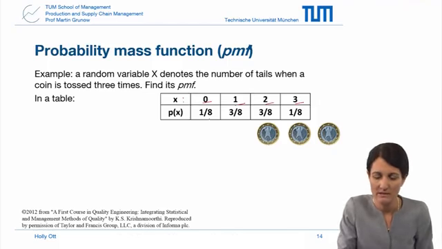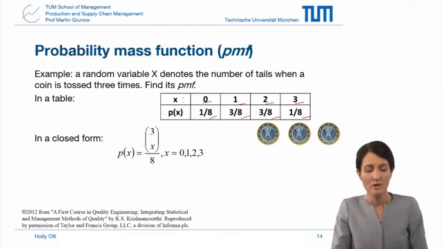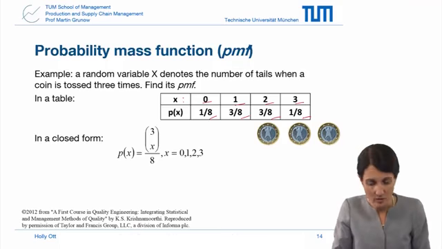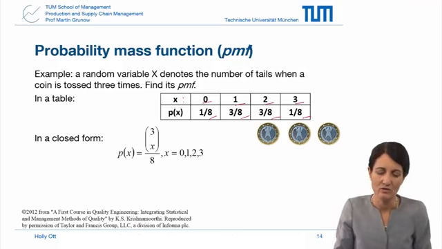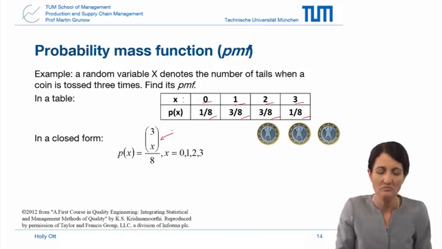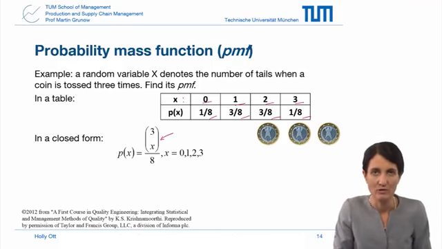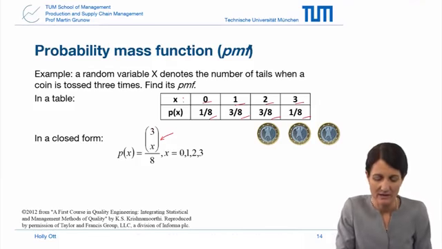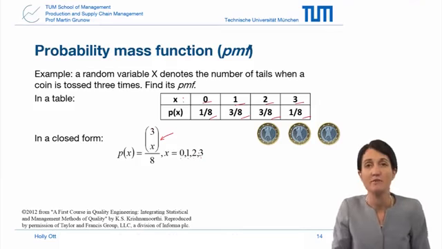The probabilities we've written down here are 1/8, 3/8, 3/8, and 1/8. We can write this in a closed form if we go back to our knowledge of mathematics as the combination from n equals 3 tosses, how many times we get a tail, where x can be equal to 0, 1, 2, or 3, and we come back to that in the binomial section.